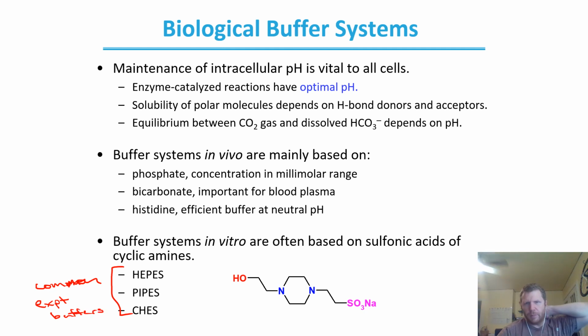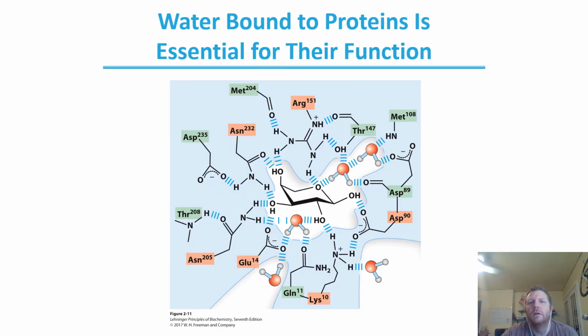So think about this slide as basically, hey, it's important to maintain a pH. Well, the next group of things is here's how it's done in vivo, and then the last is here's how it's done in a laboratory setting.